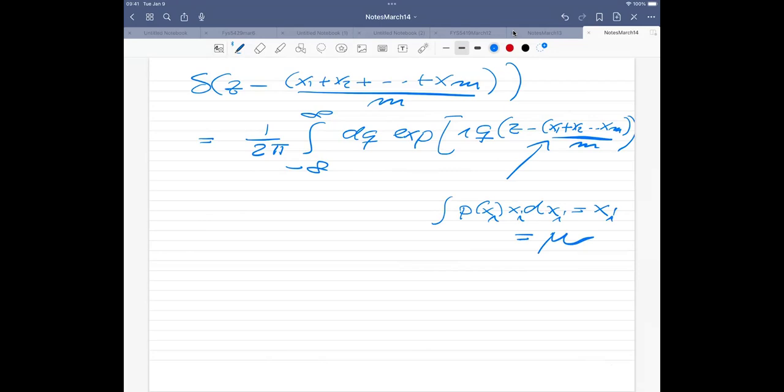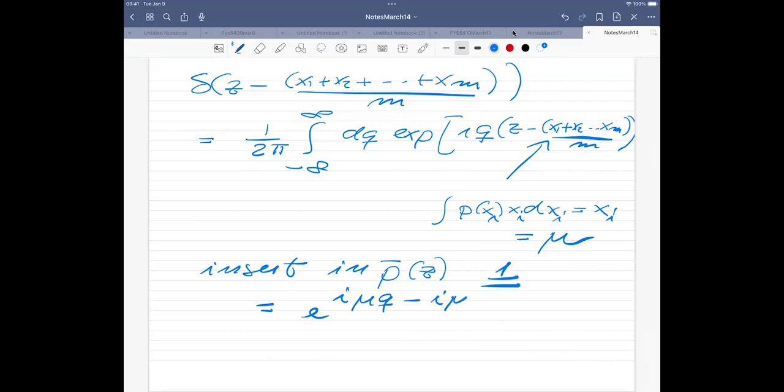So in this expression, what I'm going to do now, I'm going to insert just one in this expression for p of z. I'm just going to insert one as e to the i of, so this is just a calculation trick, minus i of mu times q.